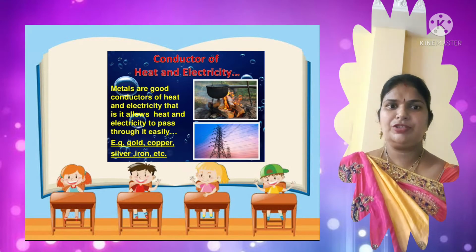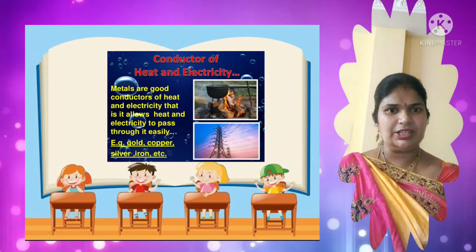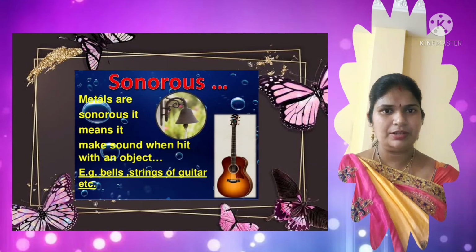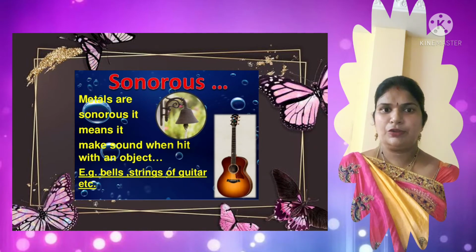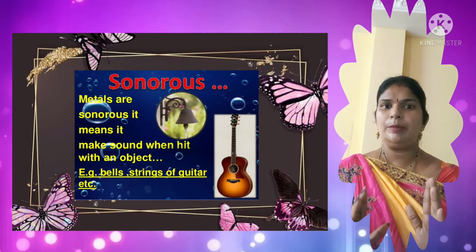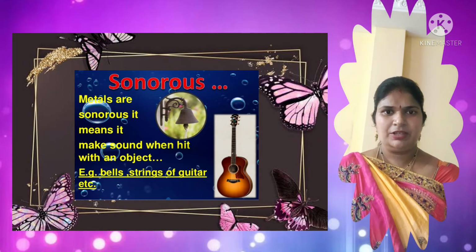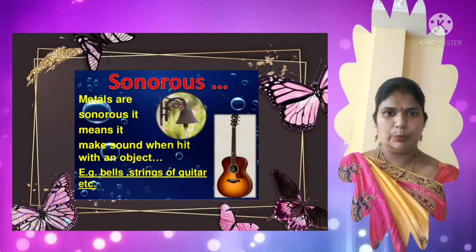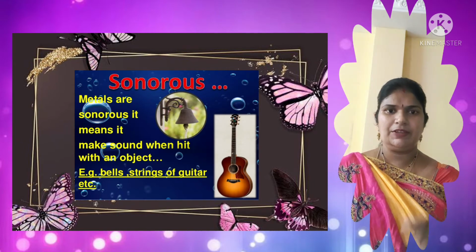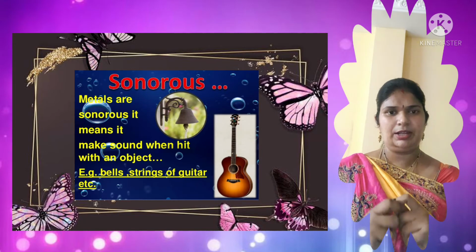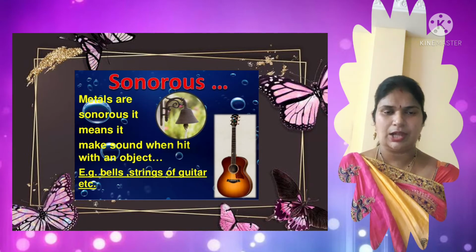Okay. Now coming to the next property. What is the next property? Sonorous property. Sonorous means sound producing. So when we hit one metal with another metal, they produce some ringing sound.